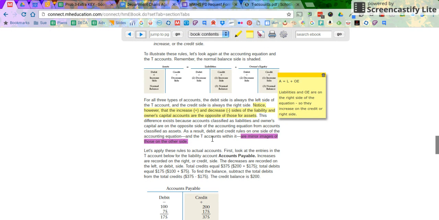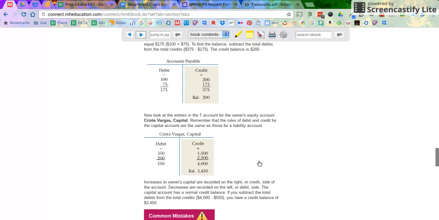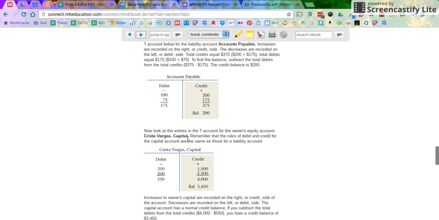The book goes on to say that the debit and credit rules for each of the two on each side of the equation are mirror images. So the asset rules are mirror images to the liabilities and capital account. They give us a quick little example here of accounts payable and the capital account, and they had two decreases to accounts payable and two increases.